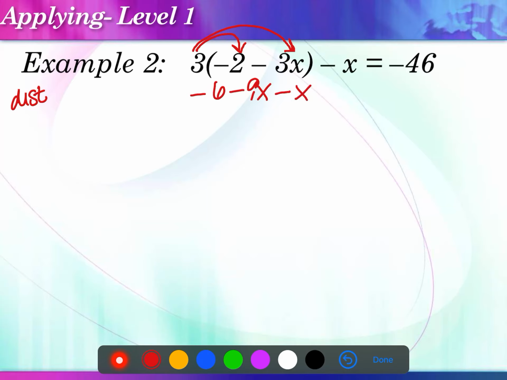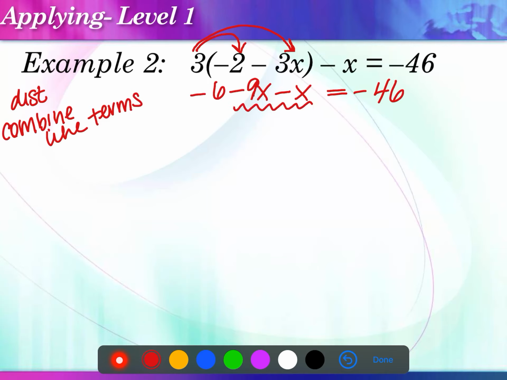This negative x is just going to carry down since it is not being multiplied in. All right, and now we're going to combine like terms. Okay, so indicate what are like, and this is negative 10x minus 6.